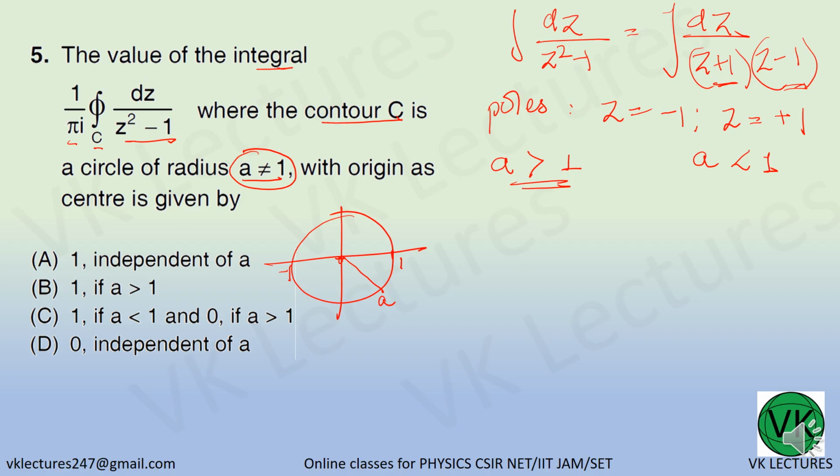Both are for a greater than 1. This plus 1 and minus 1 will be inside this contour. Then your integral dz divided by z square minus 1 will be the sum over residues. What is the sum of residues?